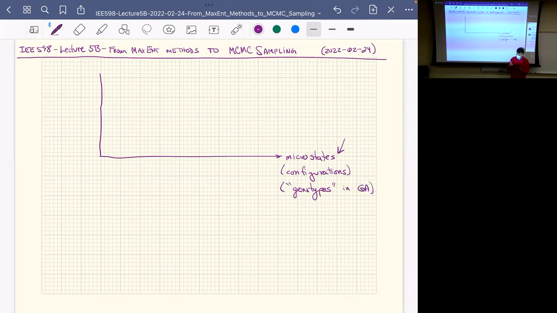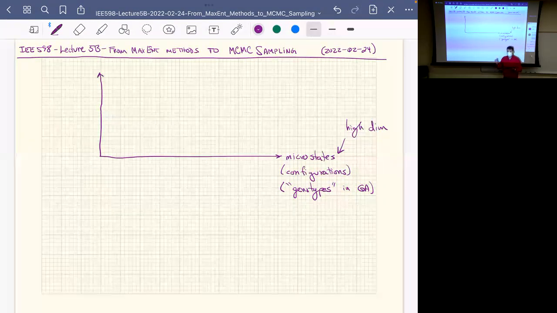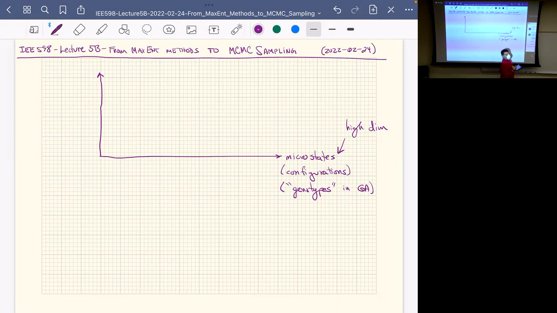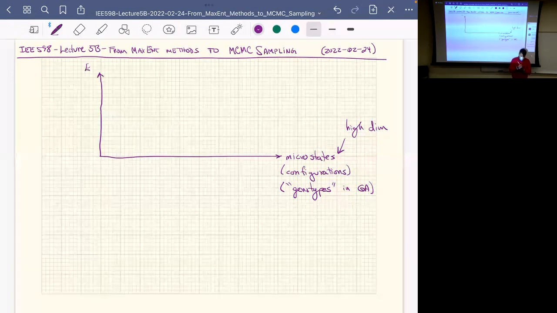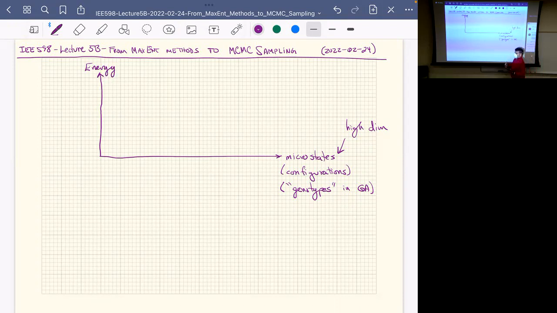So these are high dimensional. And we know that those microstates can be evaluated within an energetic landscape. So there's energy, and some microstates have more energy than others, the same way a ball being held at height has more gravitational potential than a ball that's close to the ground.